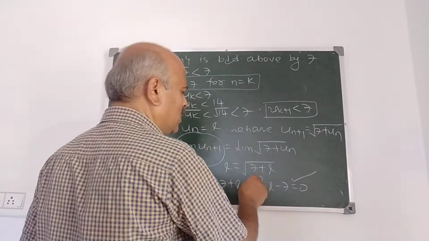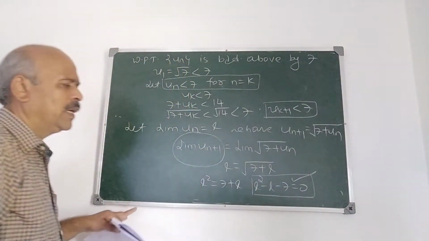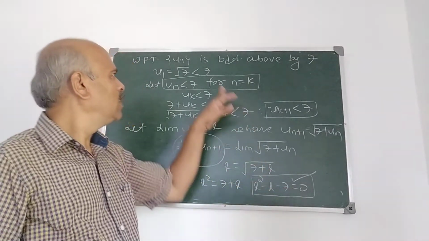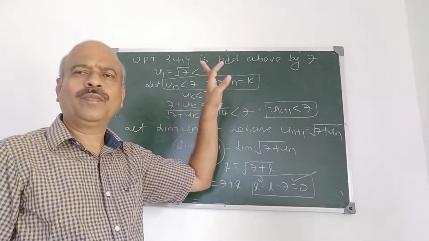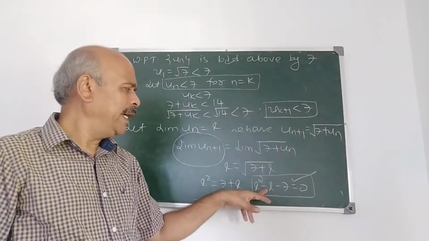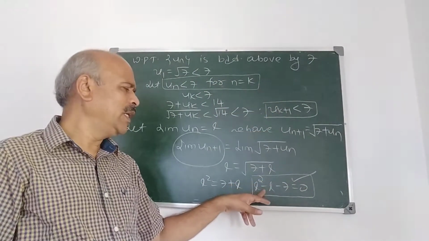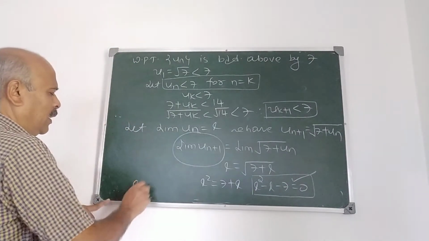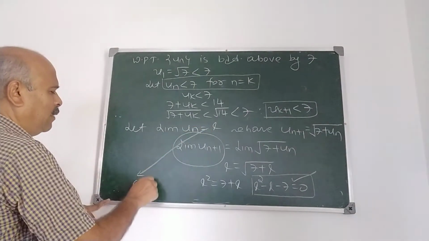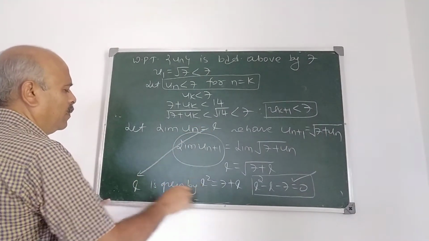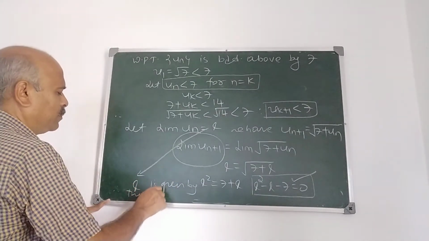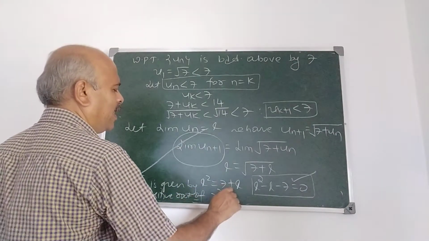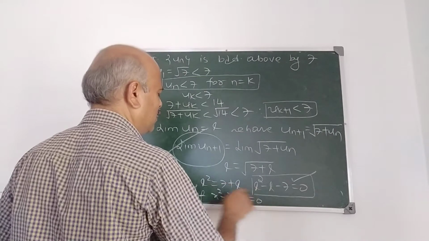So, the limit of the sequence is given by this. And also, the limit of the sequence is given by the positive root of this. Because, see the terms of the sequence, they are positive. u_1, u_2, u_3 are all positive, and it is monotonically increasing. Therefore, it tends to the positive root of this equation. Therefore, the limit L of the sequence is given by the positive root of x square minus x minus 7 is 0.